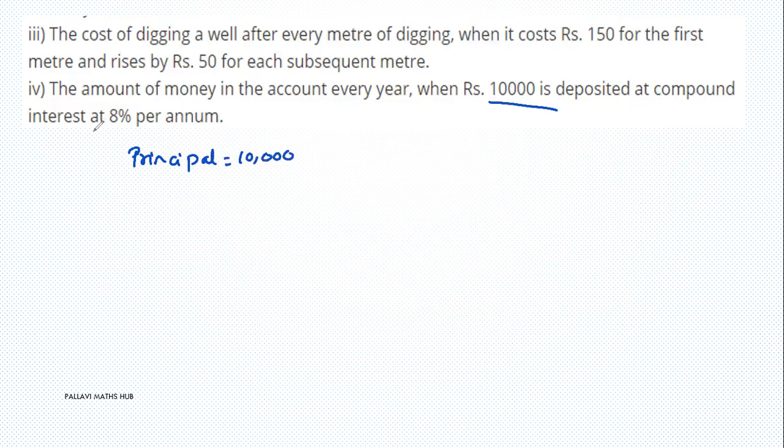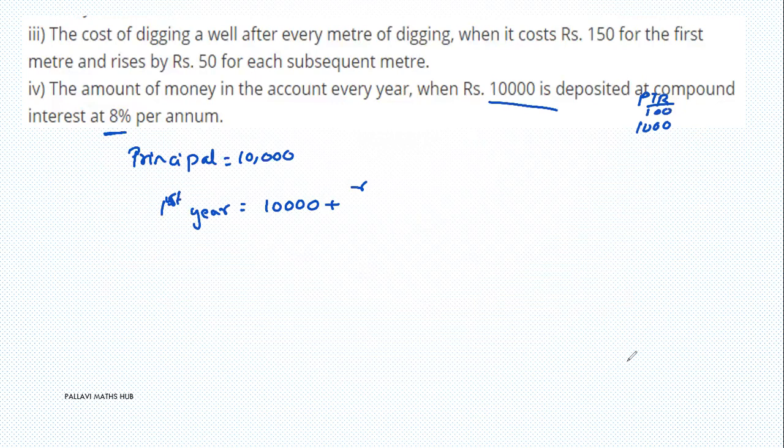Every year, how much interest are they giving? 8% per annum. For the first year, 10,000 plus the interest, which you need to find out. So 10,000 PTR by 100.